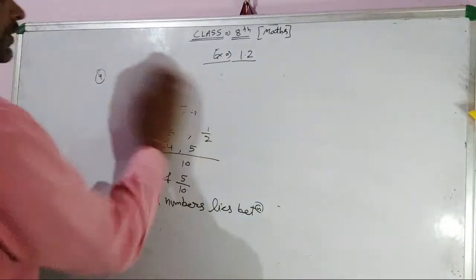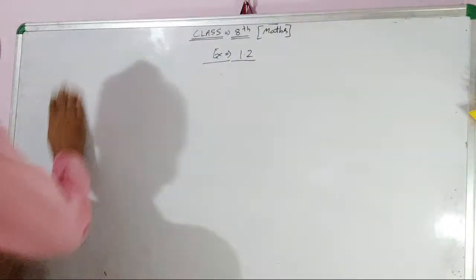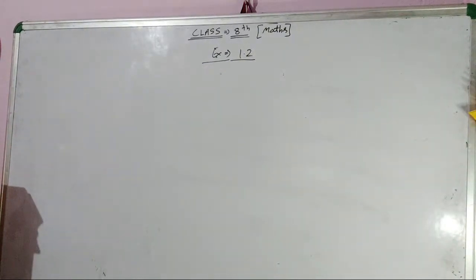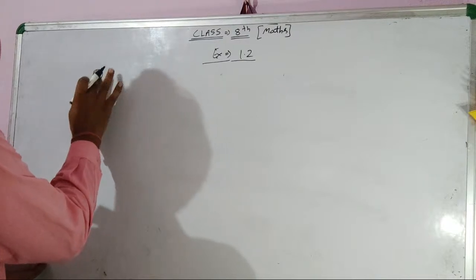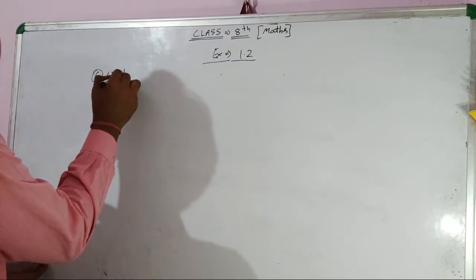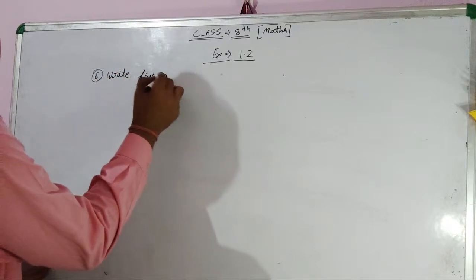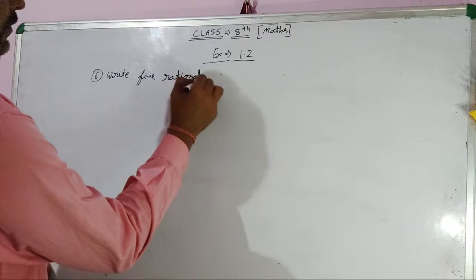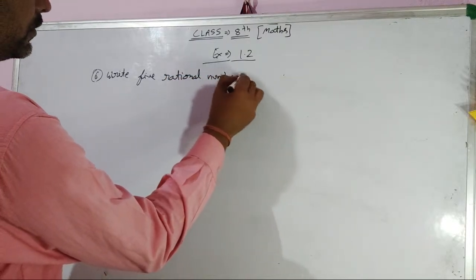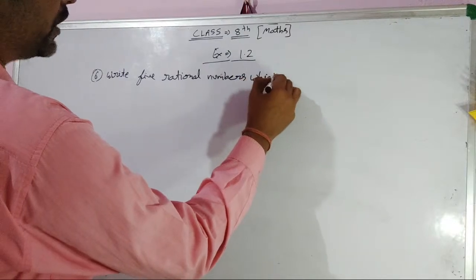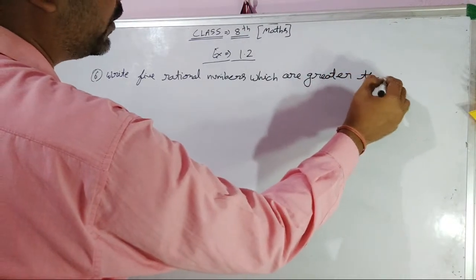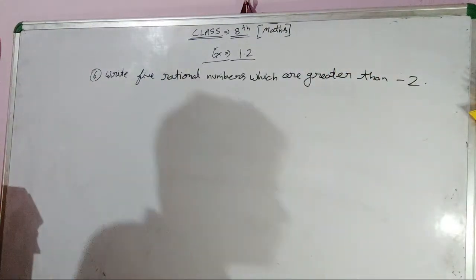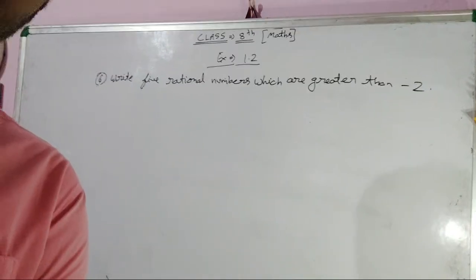In question number 3, you have to write 5 rational numbers which are smaller than 2, and in question number 6, you have to write 5 rational numbers which are greater than -2. Try to give the answers.